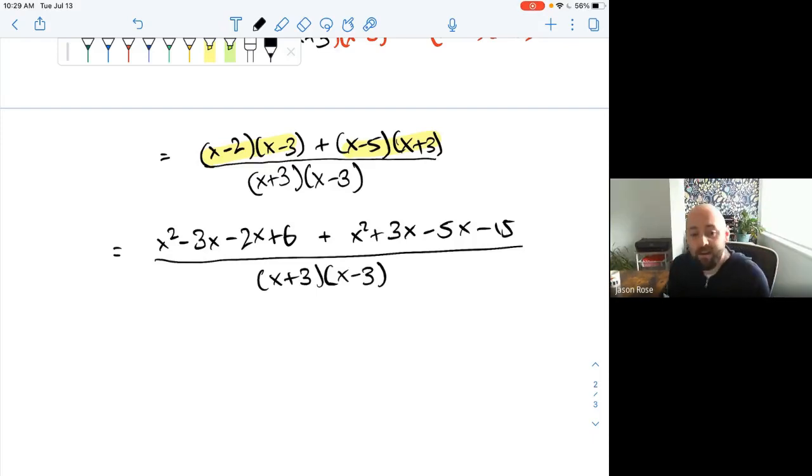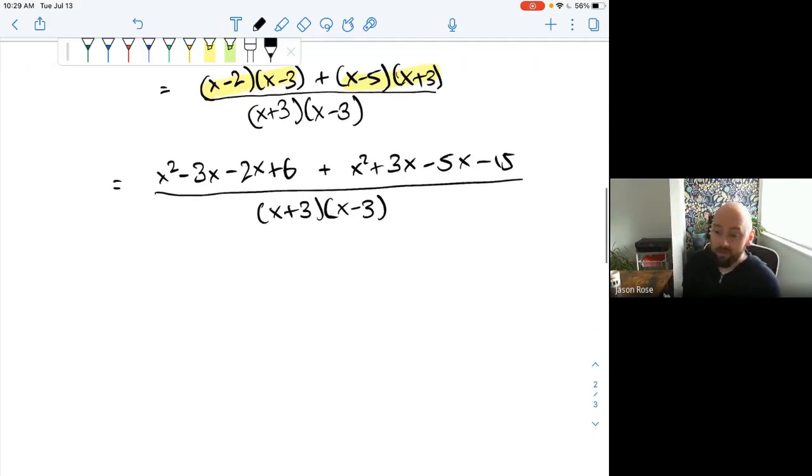I quite like that as x plus 3 times x minus 3, because once I'm finished my work on top, if it factors again, I'll want to see if the factors can cancel. But if I multiply out that x plus 3 times x minus 3 into x squared minus 9, I'll just have to refactor it again later to see if it works. So I like things in a factored form, so I'm not going to multiply out that one.